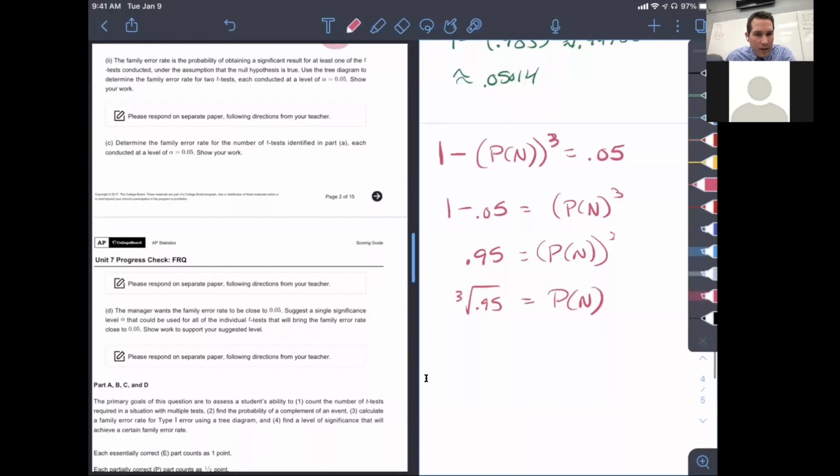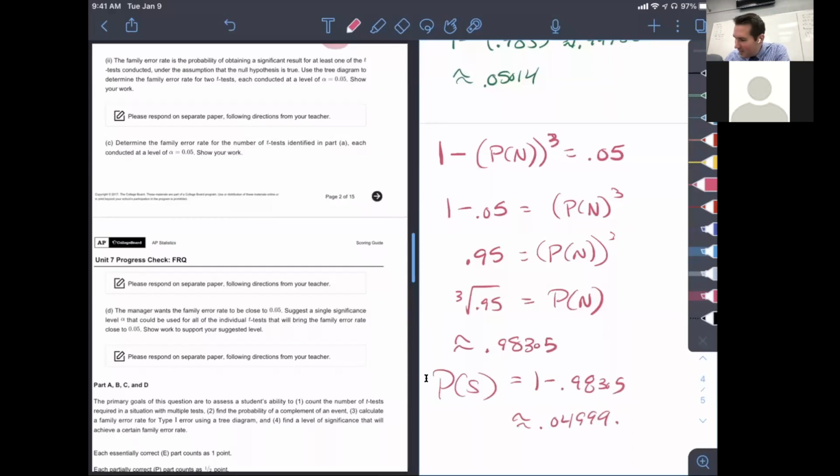So that would give us approximately 0.98305. I type that into my calculator, which means that what I'm asking for is the probability of success, because that will be our alpha level, that would be our significance level, is 1 minus 0.98305, which turns out to be 0.04999.